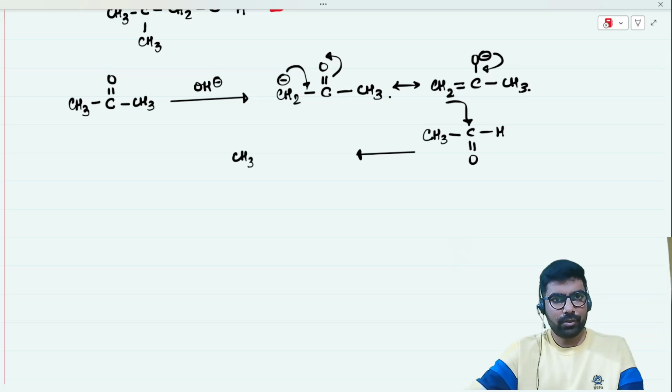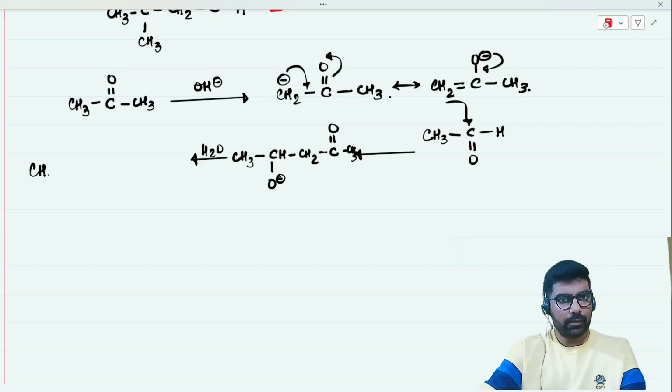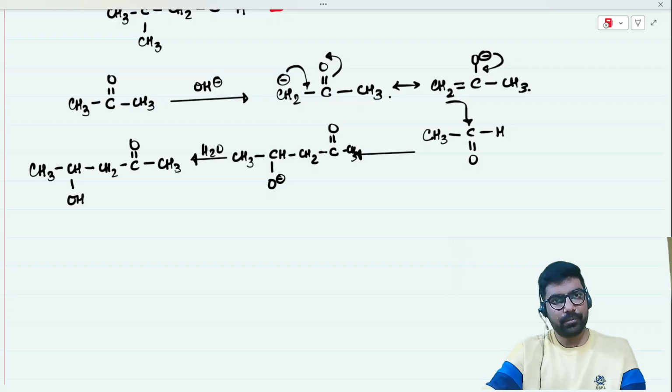So we have CH3, C O minus, CH2, C double bond O, CH3. Again there is a water molecule over there. In the presence of water it will take a proton, and we will have CH3, CH, OH, CH2, C double bond O, CH3. So this is basically my product number 4. Clear?